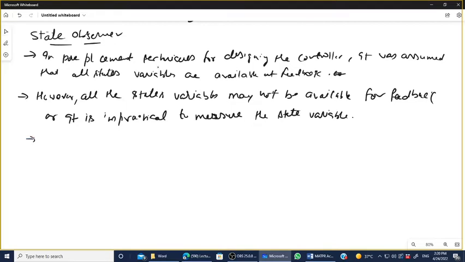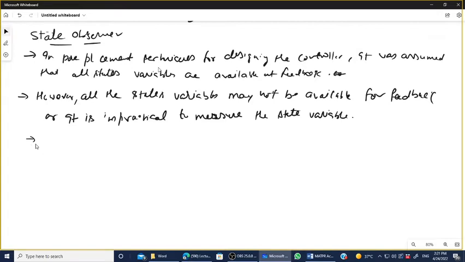Let's say we have a type of system where you are not able to measure some of the states, due to complexity, due to the cost, due to the accuracy.